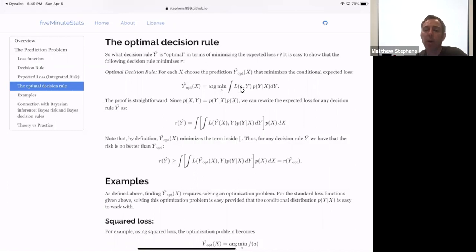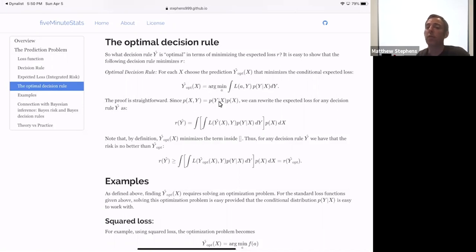It would be to compute this conditional distribution. And then for each possible action, that's what A stands for here, or in this case, the action is an estimate or a prediction, y hat. For each possible prediction A, we compute the expected loss under this conditional distribution. And then we choose the action or prediction that minimizes that posterior expected loss.